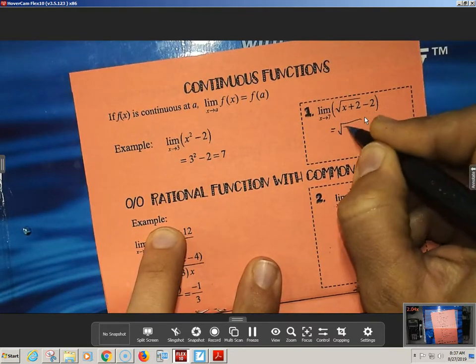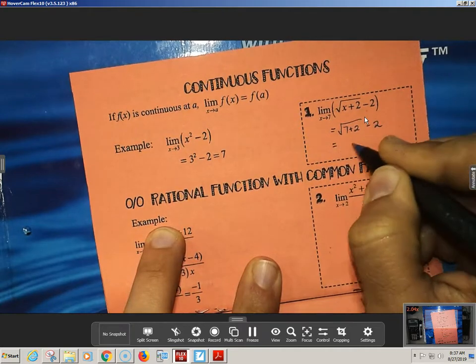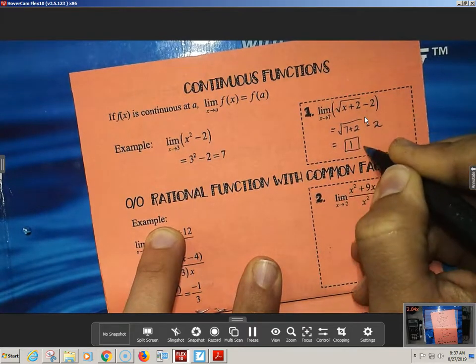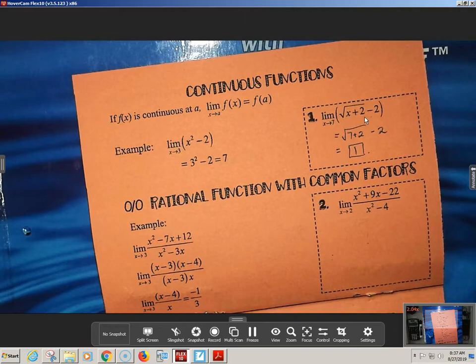So we could do the square root of 7 plus 2 minus 2, which is the square root of 9, which is 3, and 3 minus 2 is 1. Sometimes it's as easy as plugging in. True? True. But what's going on with number 2?